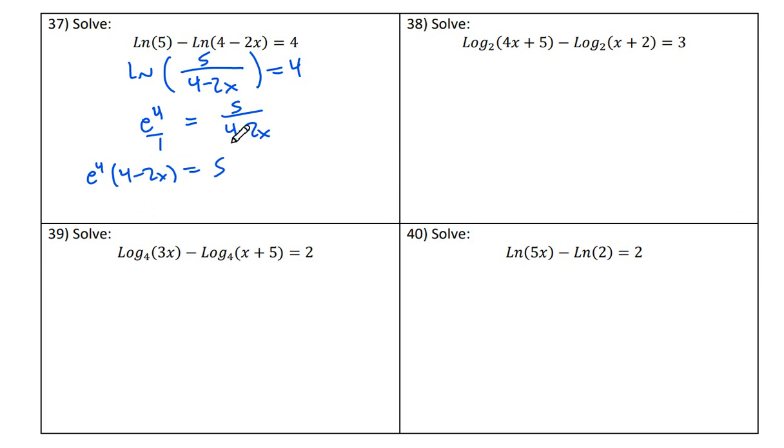Now at this point you have lots of options to solve this. I will decide to divide by e to the fourth. And then I'll subtract the 4. So I'll continue up here. Then I'll divide by negative 2.